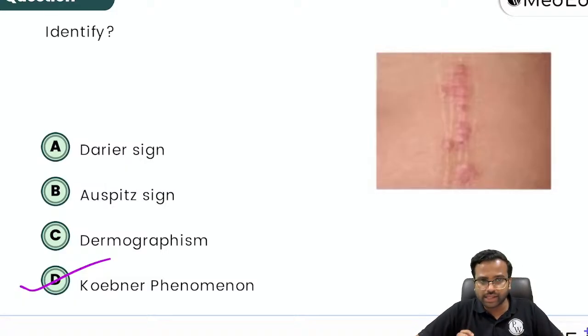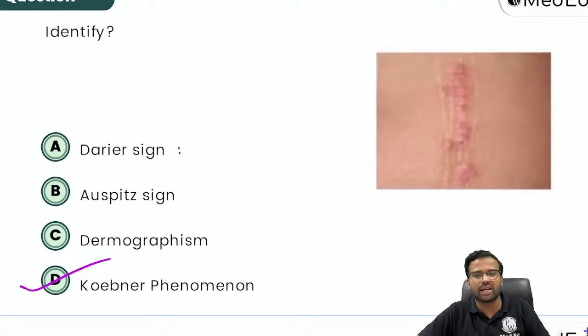Now let's quickly see what the options are here. In which disease can we see a Darrier sign? Many of you are answering about Koebner, which I agree is right.